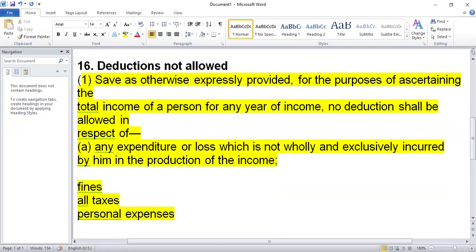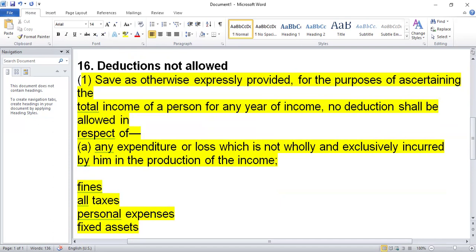Then all the fixed assets are disallowed when you purchase them. You only allow the capital allowances on them, but the expense you disallow. You don't allow the expense, but you only claim what we call the investment allowance deduction.